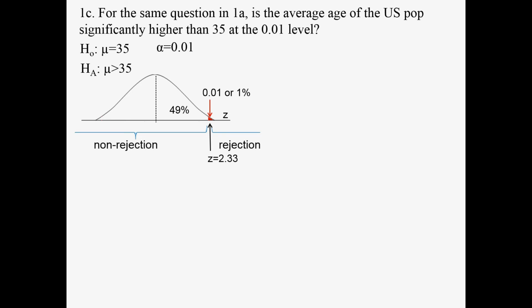Okay, now with this setup, we can deal with the sample in our hand. We can convert the sample mean into a z-score, the test statistic z-score. It's the same calculation and gives us a sample mean test statistic z-score of 2.24.